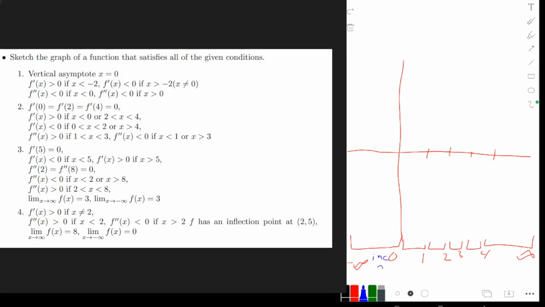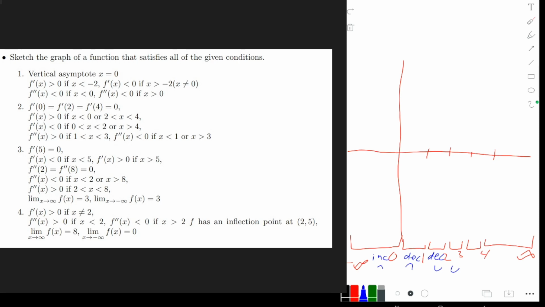From 0 to 1, it is decreasing. From 0 to 2, in fact, decreasing. But from 0 to 1, it is still concave down. All right? From 1 to 2, and indeed from 2 to 3, it is concave up.